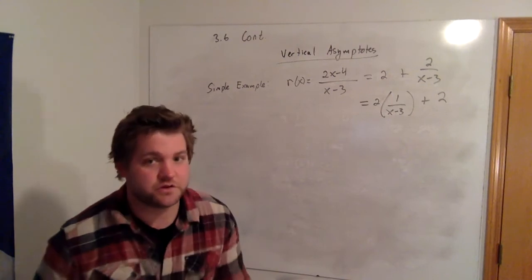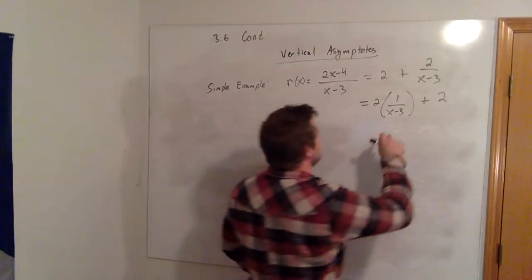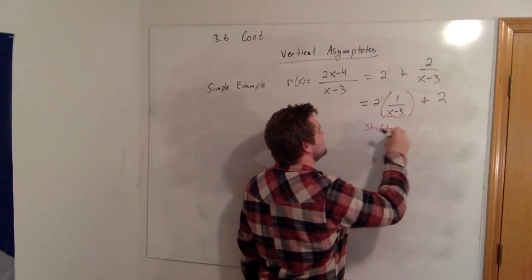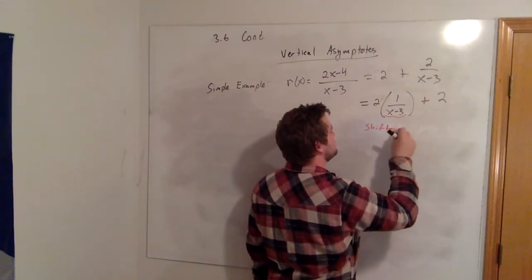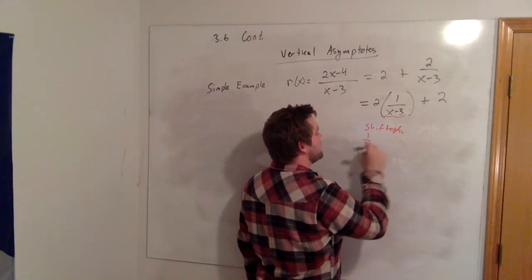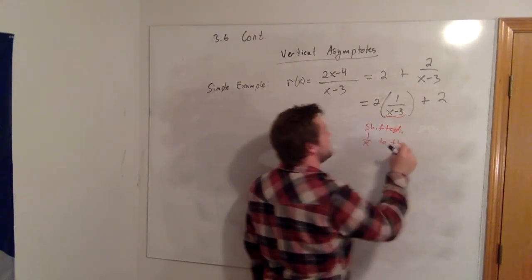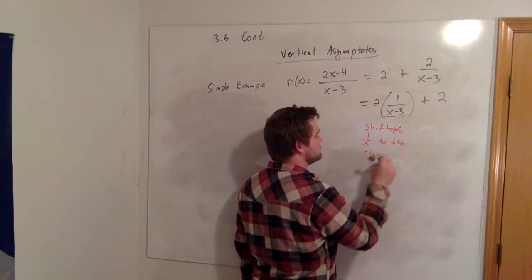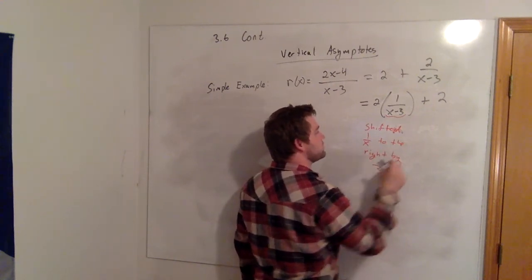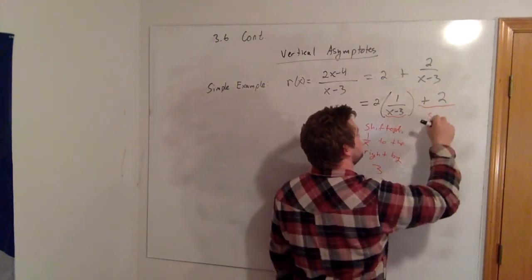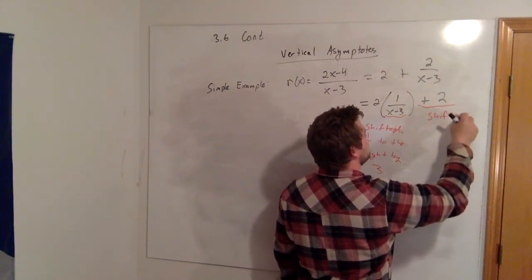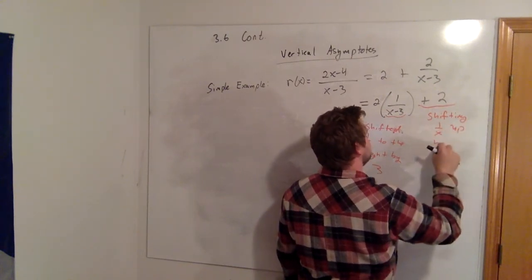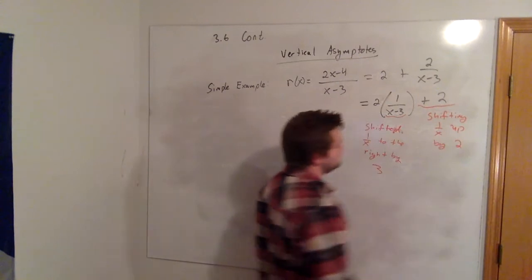Okay, so the key thing to look at when I write it like this is I've shifted 1 over x to the, looks like I'm subtracting 3, so I'm shifting 1 over x to the right by 3. And this plus 2 is I'm shifting 1 over x up by 2.